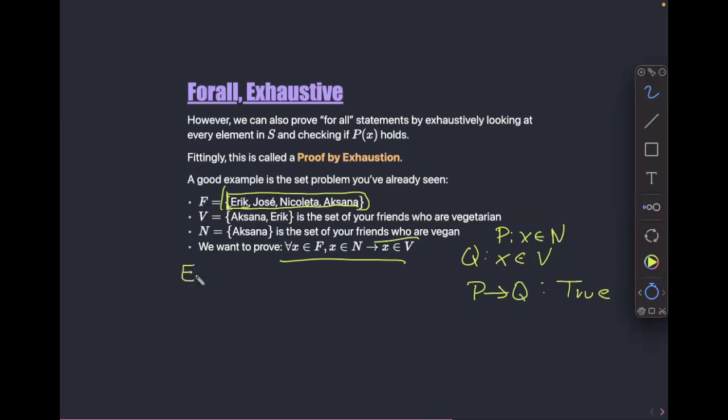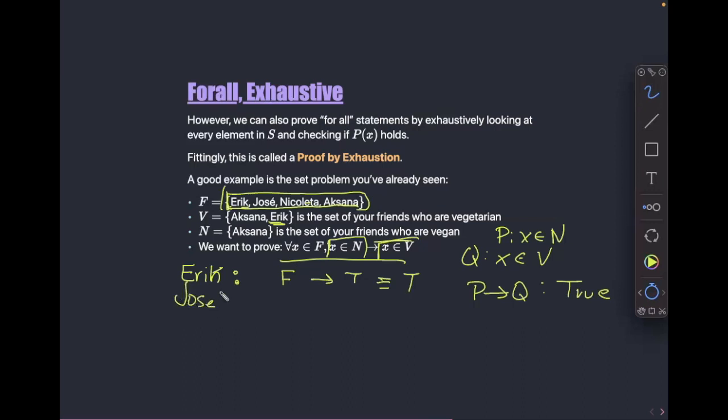So for Eric, is X in N? Is he in N? No, that's false. Is he in V? That's true, right? He is in V. So false implies true. That's okay, false implies true evaluates to true.